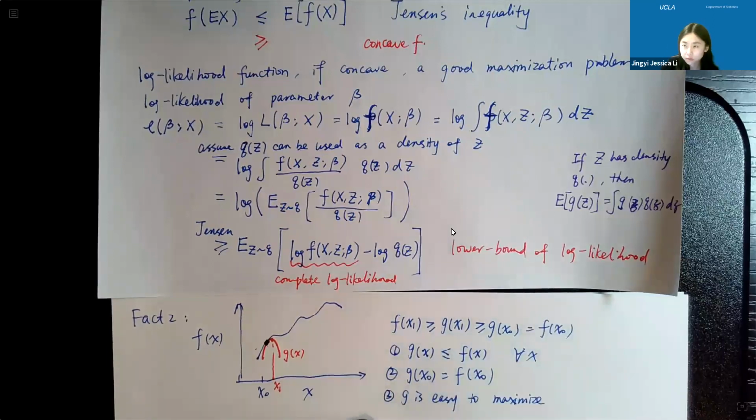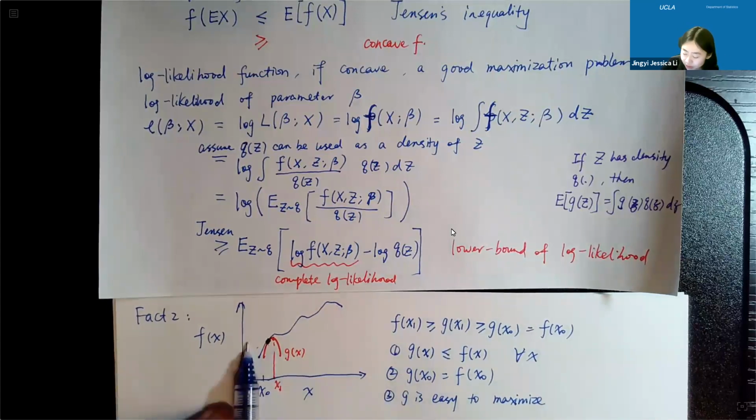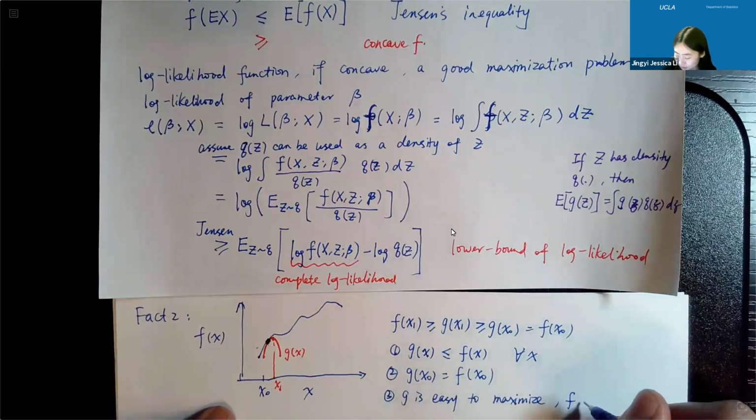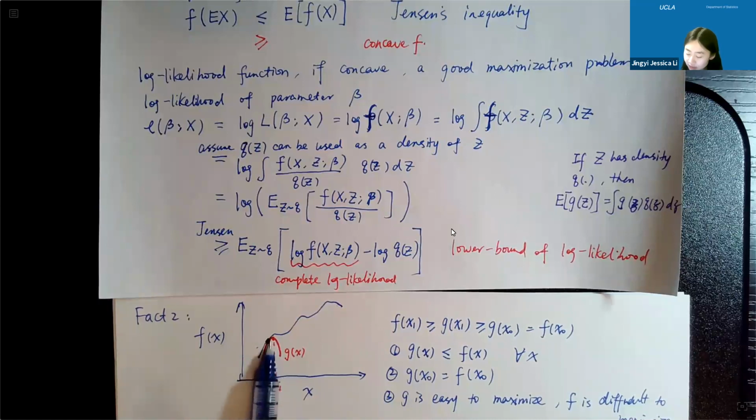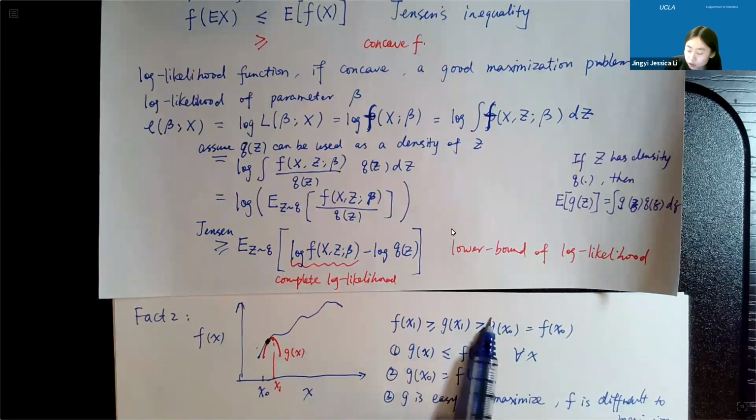We need all those three things to implement this approach, because f is difficult to maximize, otherwise we could just directly optimize f. Why do we need to go through this route? So what we do is to find an easy to maximize lower bound g for f, and these two functions are tangent at the current value. So we can maximize the function g to update my value to increase my f.